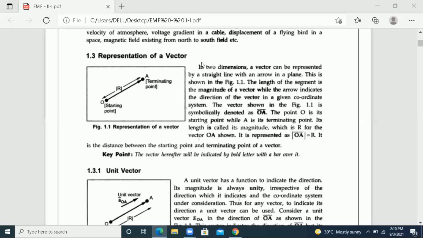So to continue, Ace man from yesterday. A vector has a starting point and a terminating point. Here we represent this vector, starting at O, terminating at A, by a line and an arrow designating the direction.